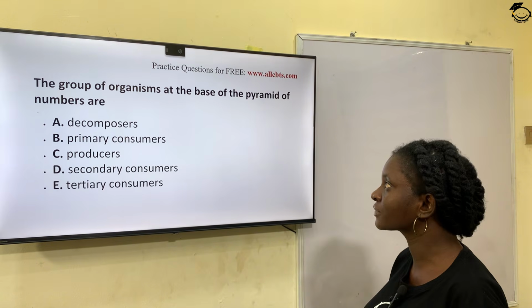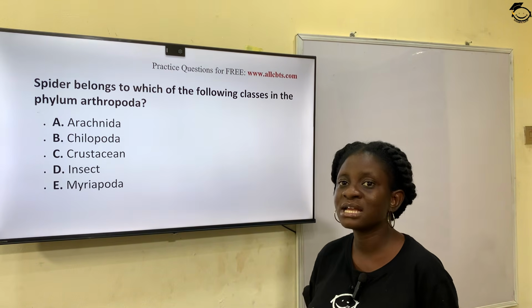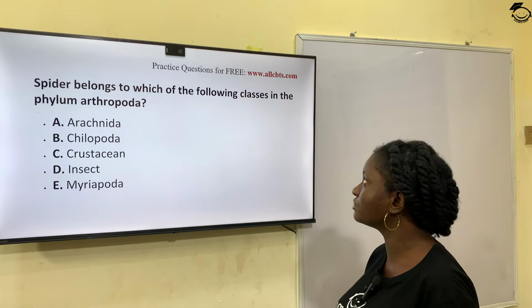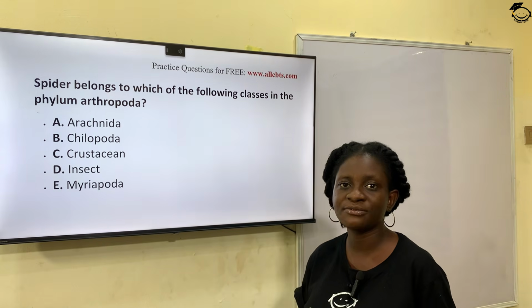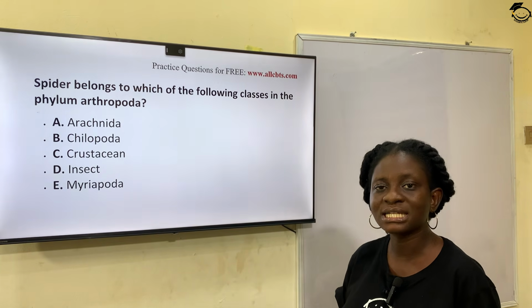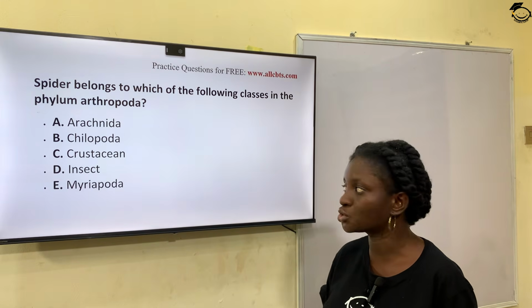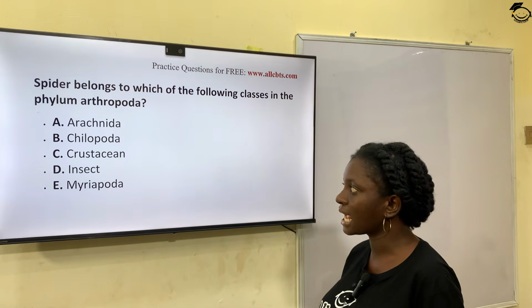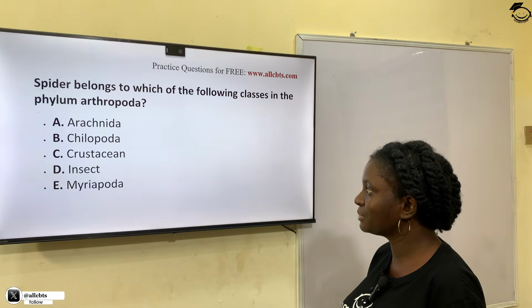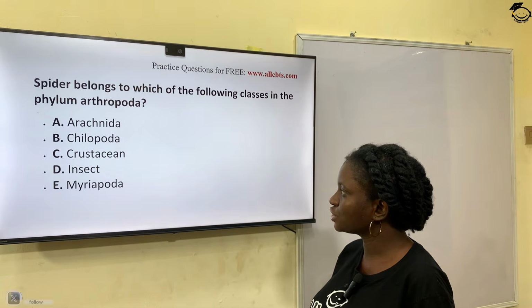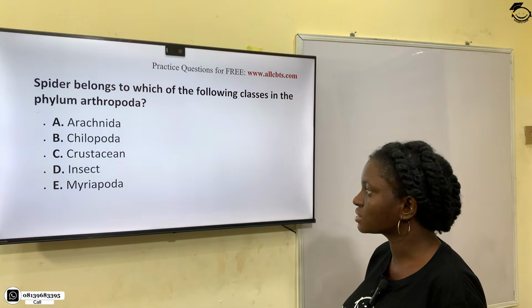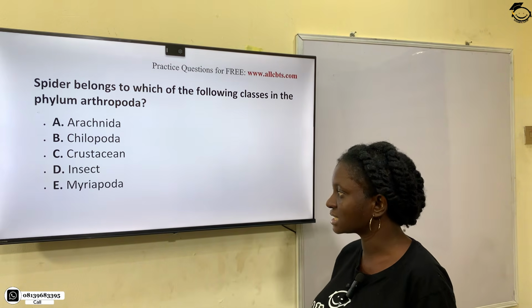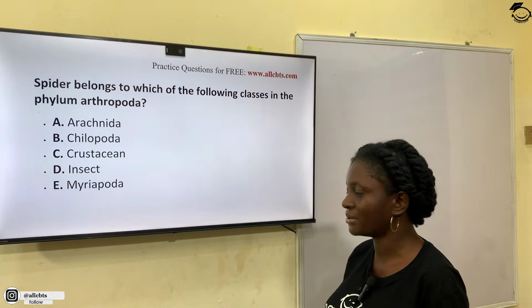option C. Next question. Spider belongs to which of the following classes in the phylum Arthropoda? The class which spider belongs to is what? A, Arachnida, B, Chilopoda, C, Crustacea, D, Insecta, and E, Myriapoda.